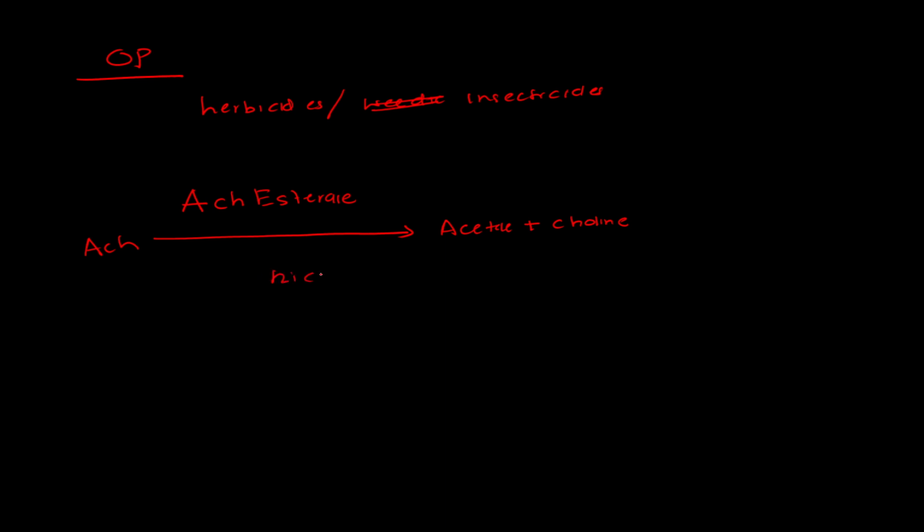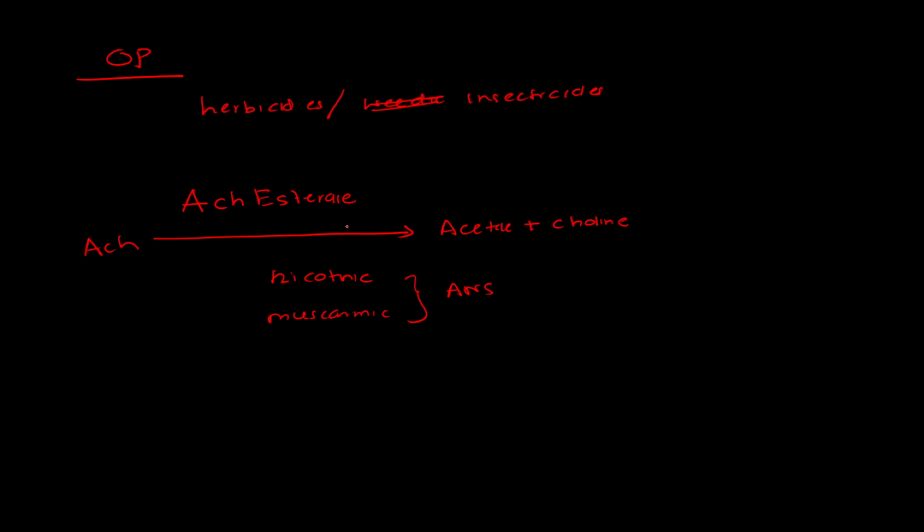These are important in the autonomic nervous system. I'm not going to describe how the autonomic nervous system functions. You just have to go back to your physiology and at least have an idea about how the mechanism of the autonomic nervous system works.